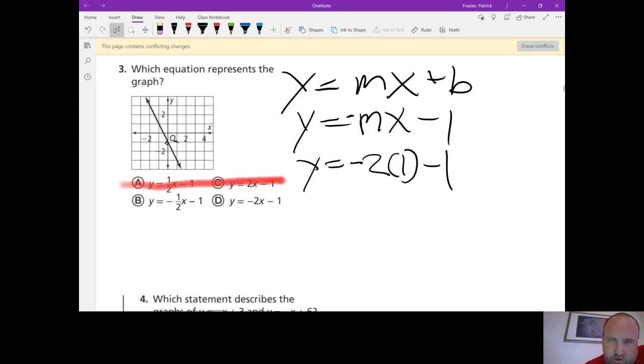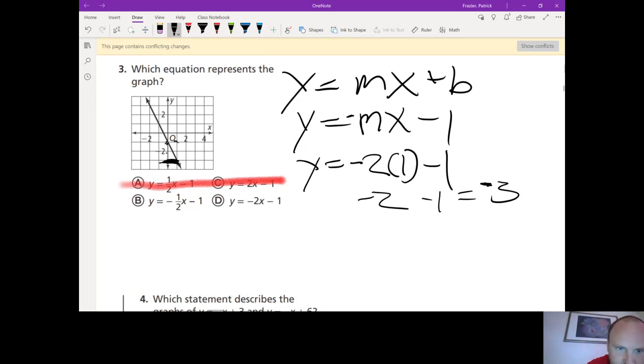Negative 2 times 1 is negative 2. Negative 2 minus 1 is negative 3. So when x equals 1, we'd be at negative 3. Negative 1, negative 2, negative 3.